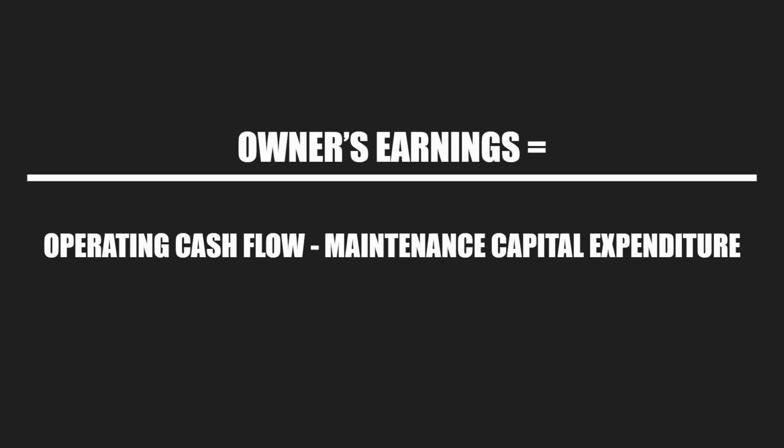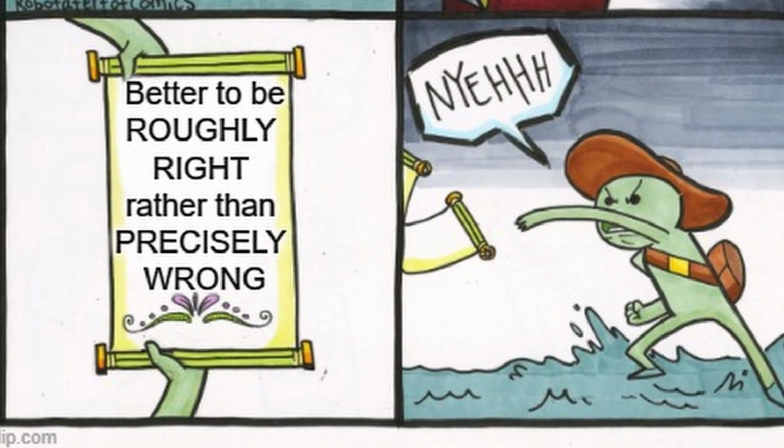However, maintenance capital expenditure can sometimes be quite difficult to find, so instead of calculating owner's earnings, one can simply use the free cash flow, which can also be calculated by again taking the operating cash flow and subtracting the total capital expenditure. While this is going to be less precise, it does land us on the right side of safety, meaning it's going to be more conservative in our guesstimation, which is of course always nice and what we want. Remember, roughly right instead of precisely wrong.